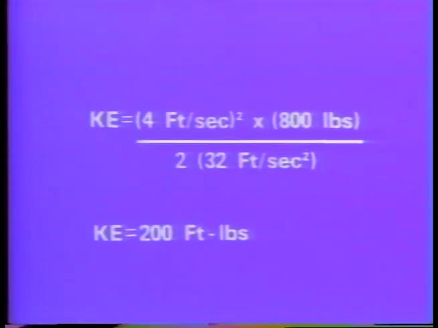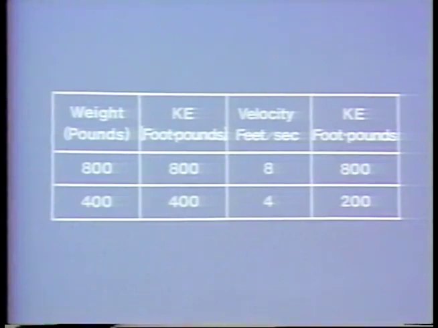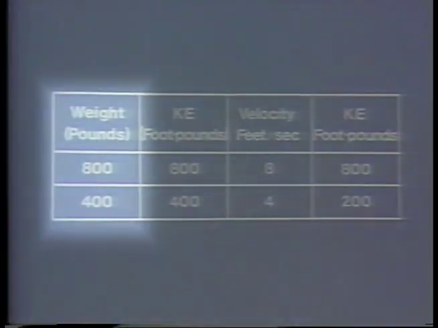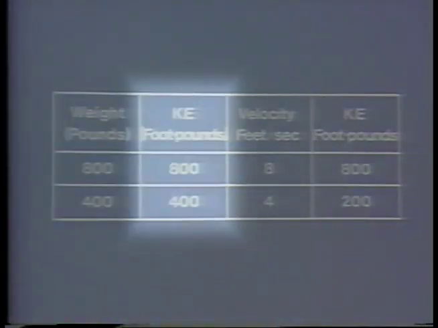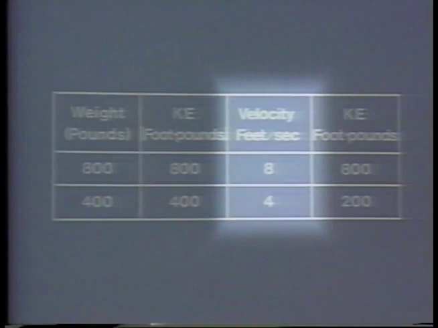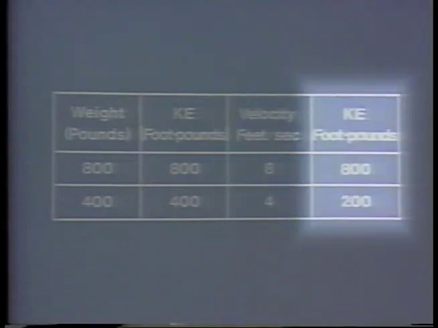That's 1/4 as many foot-pounds as there were when the velocity was 8 feet per second. So, from this example, we've learned that velocity has the greatest effect on kinetic energy. Reducing the weight by half reduced the kinetic energy by a factor of 2, but reducing the velocity by half reduced kinetic energy by a factor of 4.